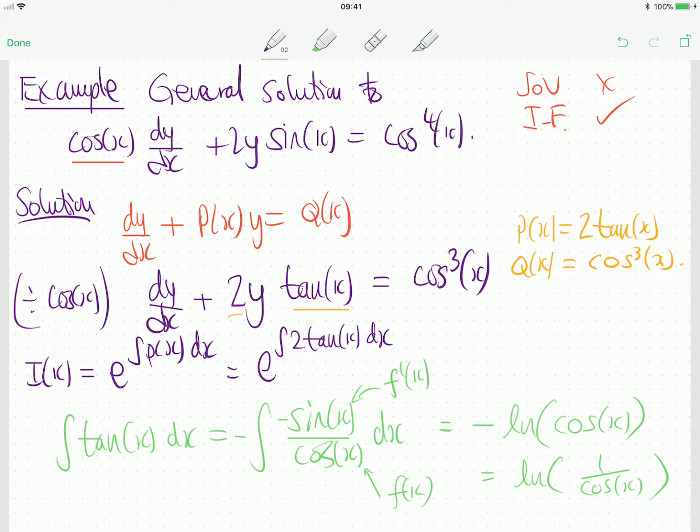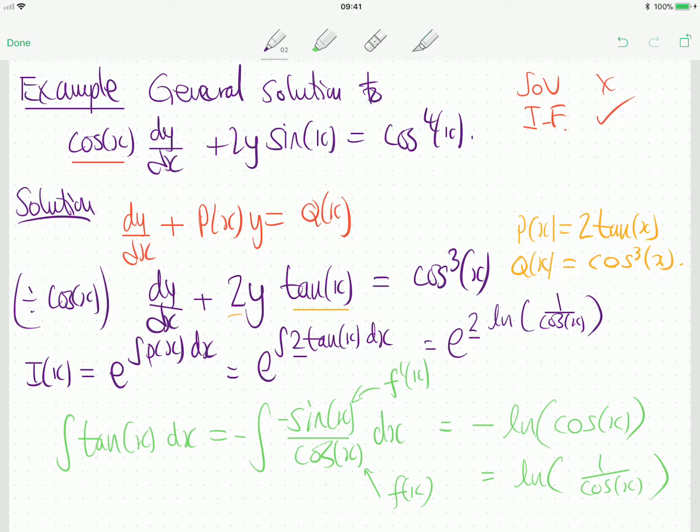Okay, so that was a bit of work. This one's a little tough. So my integrating factor is e to the power of 2 log 1 over cos x. The log of 1 over cos x is the integral of tan, and I've got this 2 here, so that needs to stay where it is. Well, I would quite like to cancel off the e and the log.